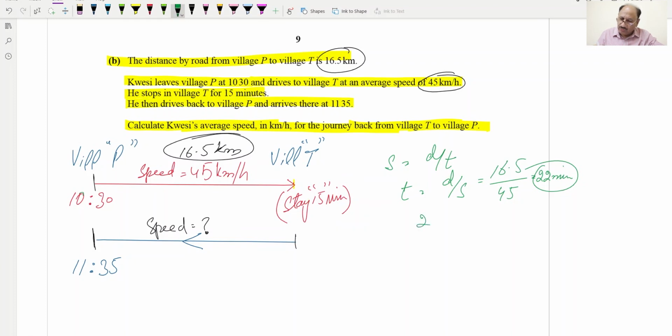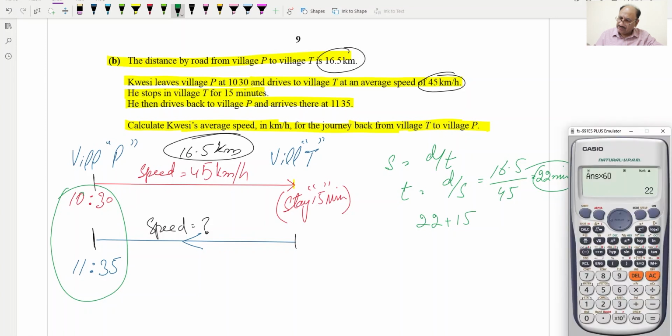So 22 plus 15, and the total time taken is this difference, which we can check, and that is 11 hours 35 minutes minus 10 hours and 30 minutes, and this is equal to 1 hour 5 minutes, which is 65 minutes.